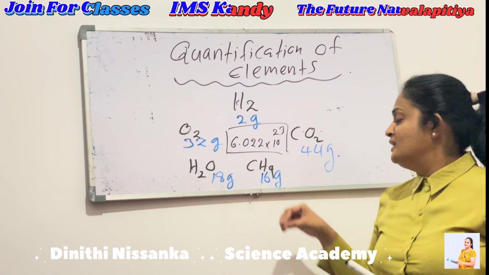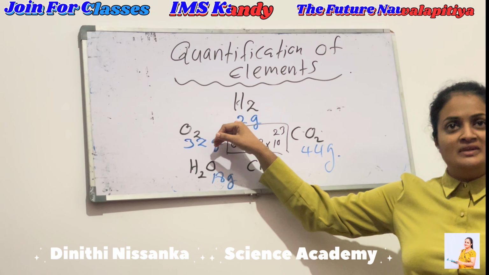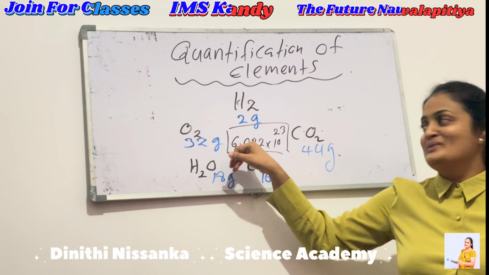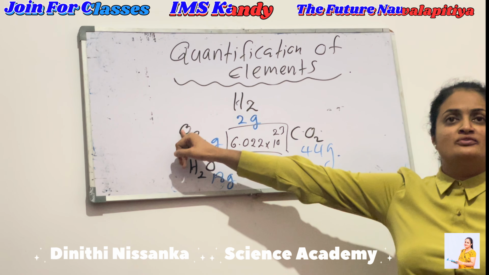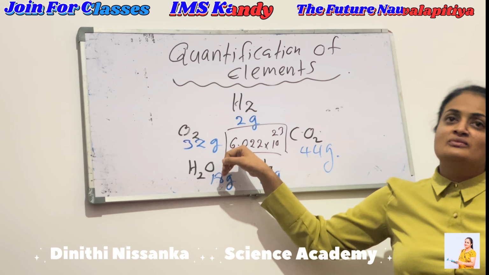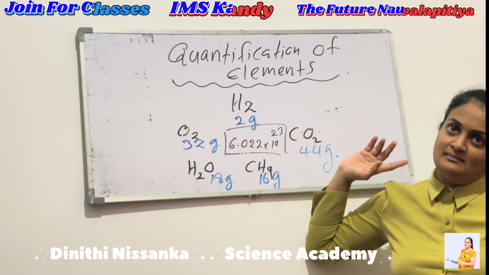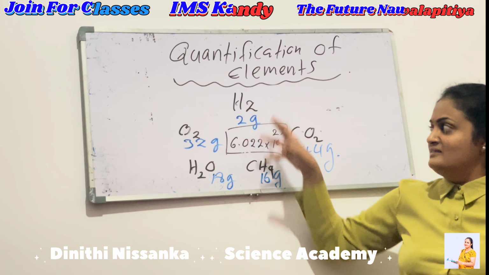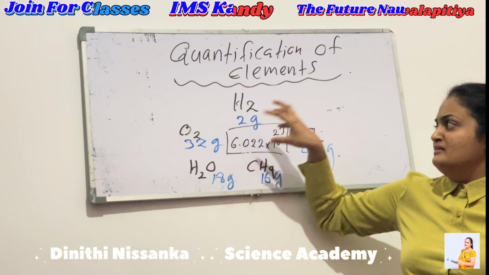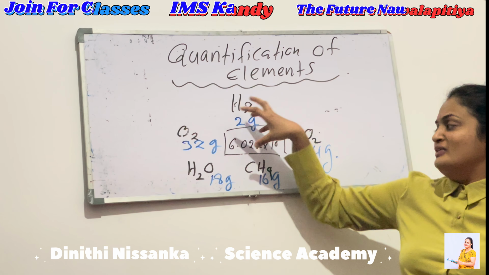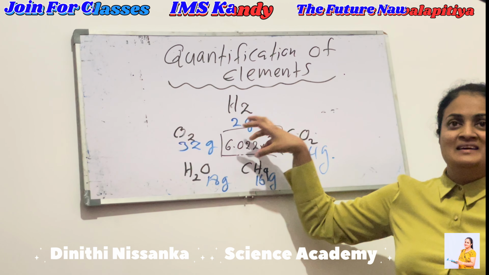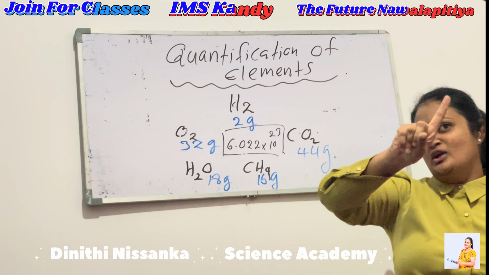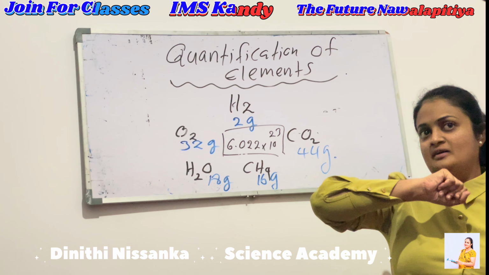For example, if I take 2 grams of H2, it consists of this much of molecules. If I take 32 grams of oxygen, this much of molecules. That means if you take the same grams as its relative molecular mass, it consists of 1 mole of that molecule.